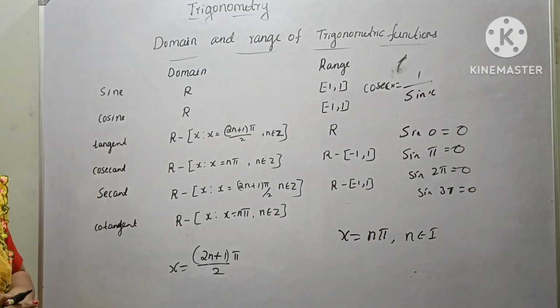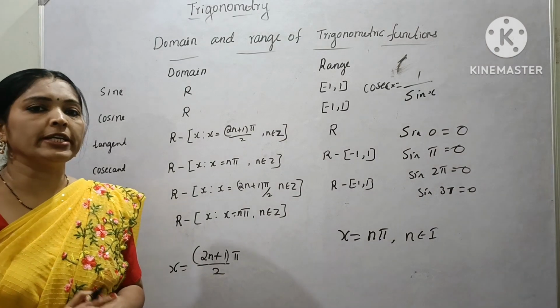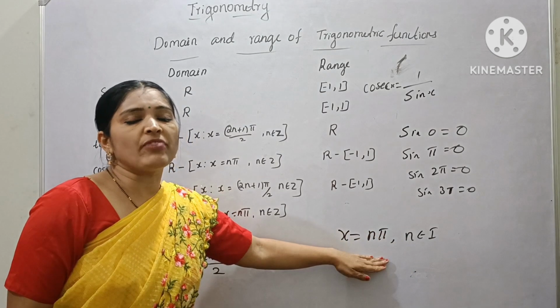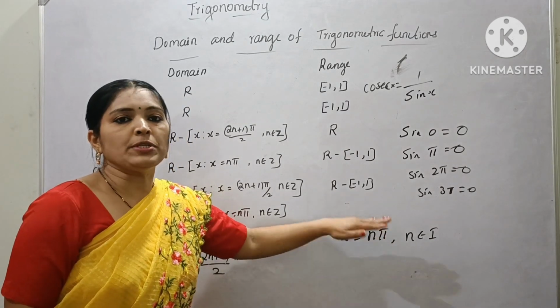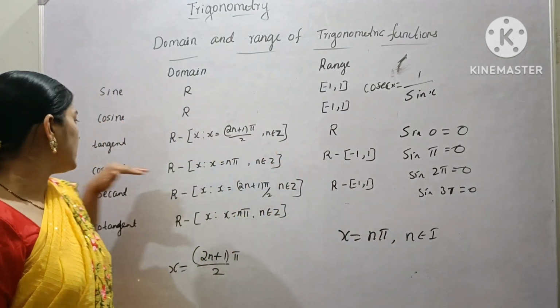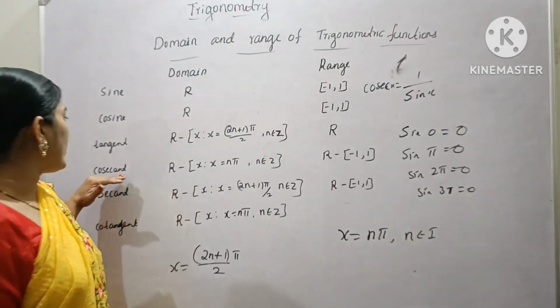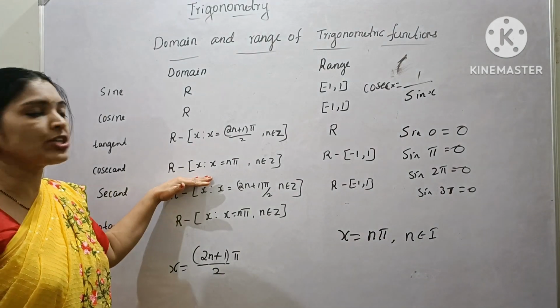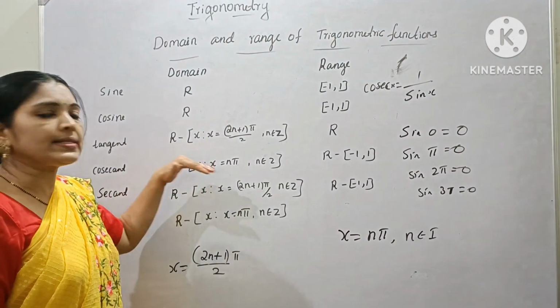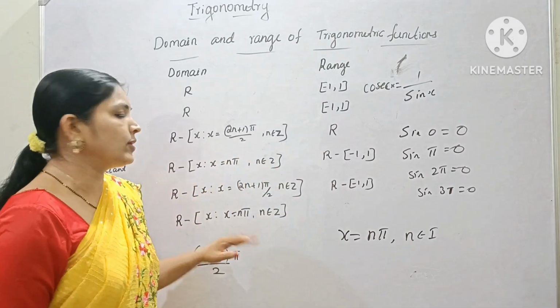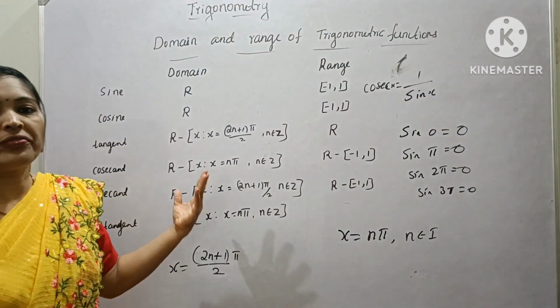So here x is equal to n pi. Except these values, the cosecant function will be defined. So what is the domain of the cosec function? R minus the set of x such that x is equal to n pi, n belongs to Z, or you can write I, the set of integers.